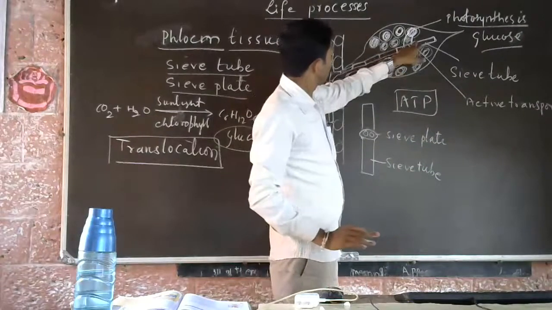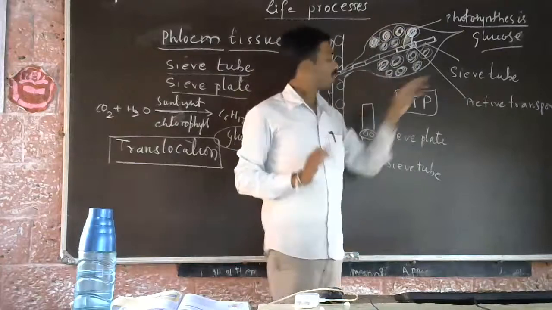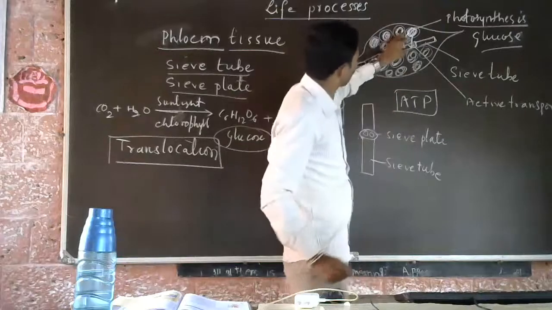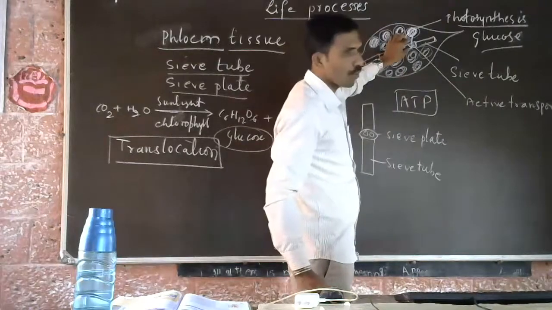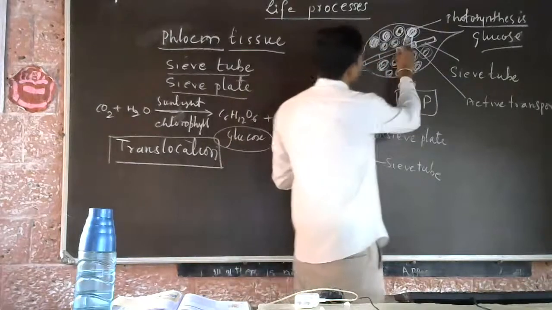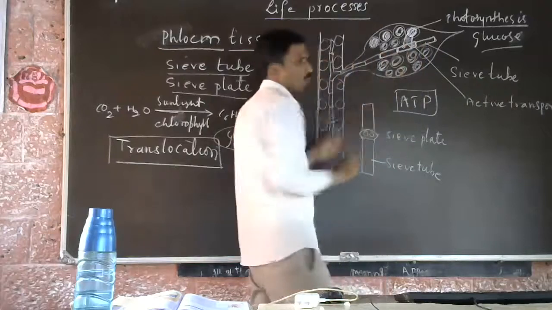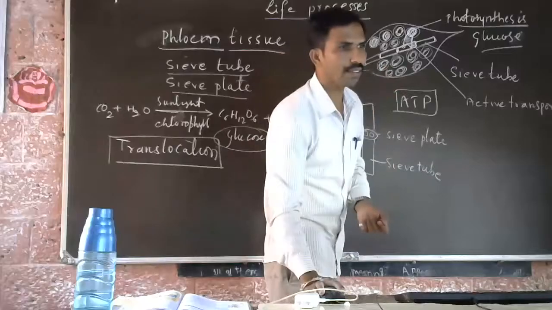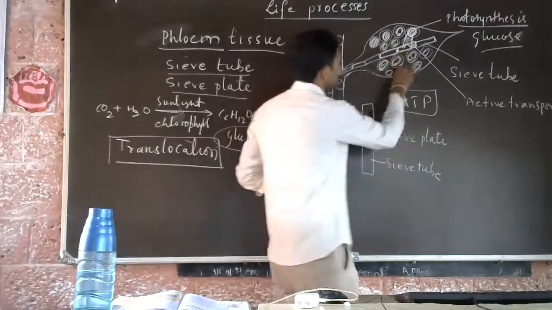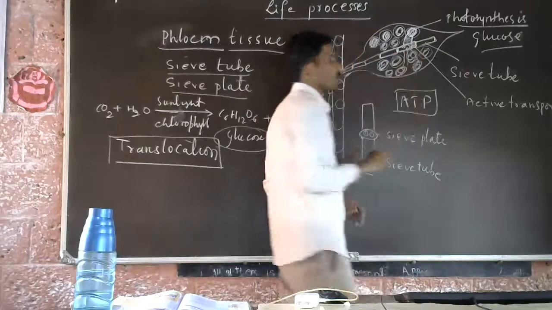Now, when it transfers here, the concentration of glucose will be more here. What happens during that time? The salt concentration is more now. So the water present in the xylem enters this phloem tissue.